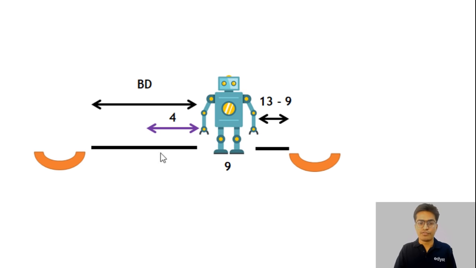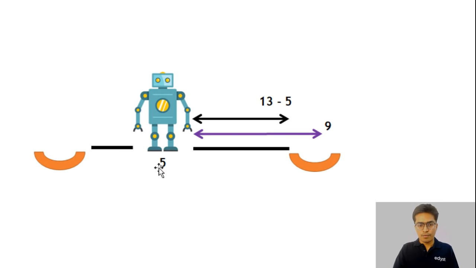So from here, where we're at 5, we take a step 9 units in the forward direction, which means we'll end up at 14. But since we already have a ditch at 13, we're going to fall into it.